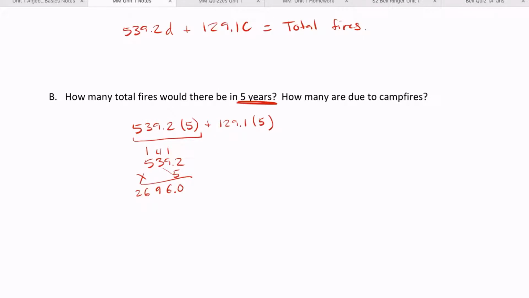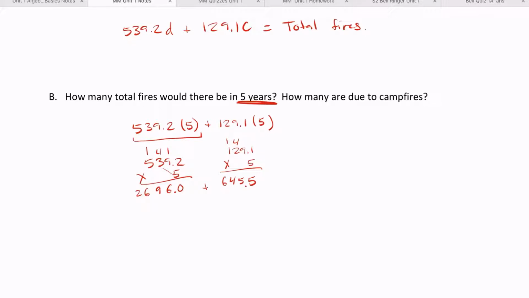Okay, and then we do the other one the same. We do 129.1 times 5, and that gives us 5. 5 times 9 is 45. 5 times 2 is 10, plus 4 is 14. And then 5 times 1 is 5, plus 1 is 6.